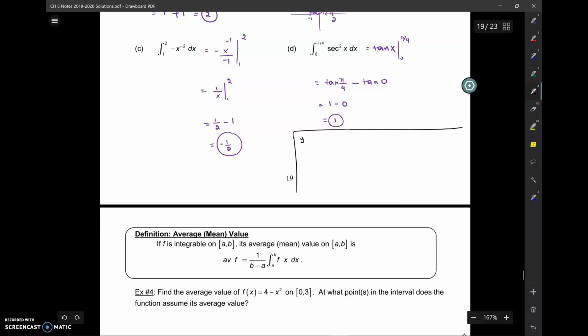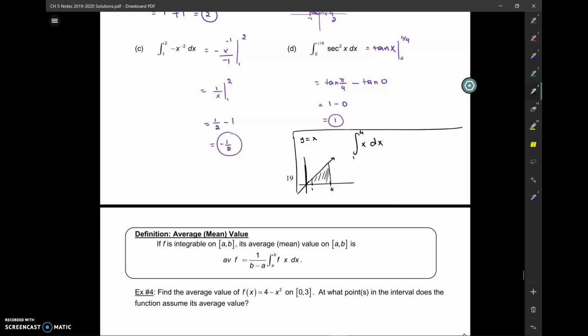So imagine if you have y equals x, and you wanted to find the integral from 1 to 4 of x dx. Graphically, what does that look like? That looks like this. And then I want to go from 1 to 4. So that is the area that I want, right?